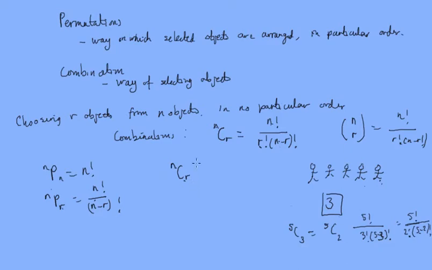Another thing to note is when you've got a combination, there are fewer combinations than there are permutations. So let's do a few examples and see how this works in practice.